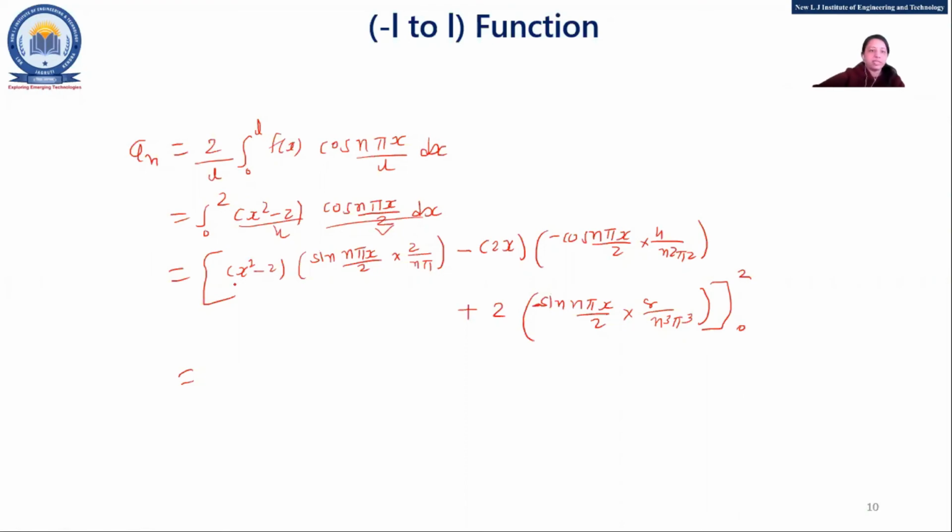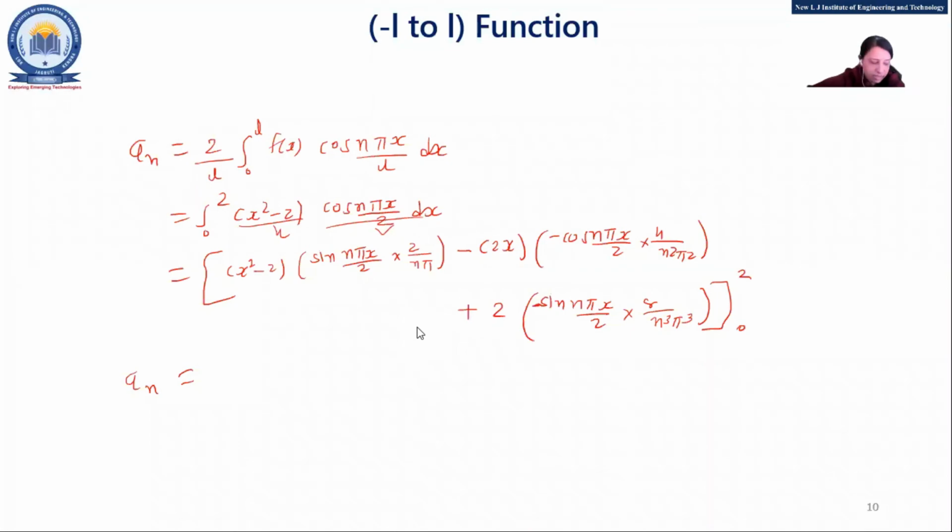Just 2 minutes. We'll finally calculate the An and then we'll end the session. If you are getting the answer, just raise your hand or write into the chat box. 16 cos n pi upon n square pi square.